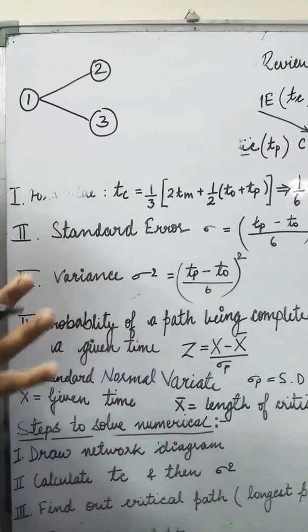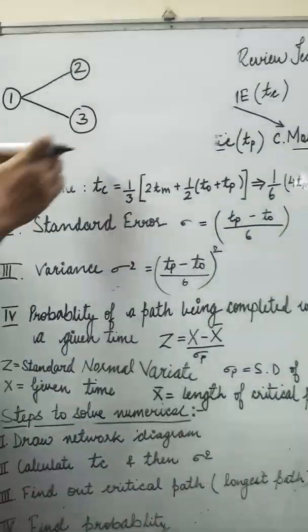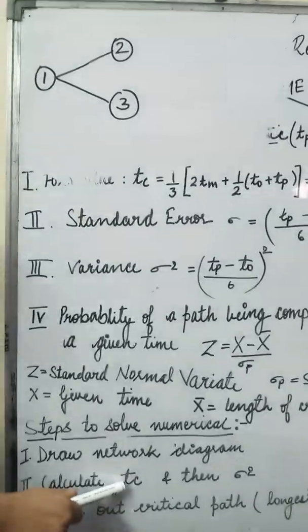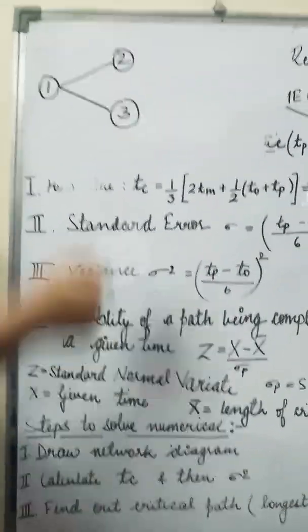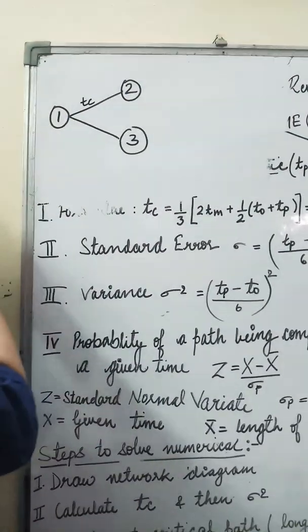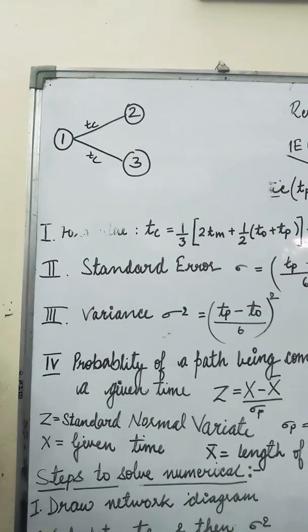Then you have 3 types of time: optimistic time, pessimistic time, most likely time. You don't have to write all these 3 times over here. What you will do? You will calculate total expected time and you will write here the TC value. Fine. For every activity you have to calculate the TC value.